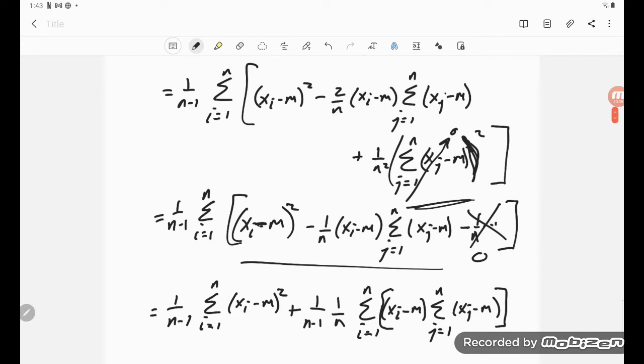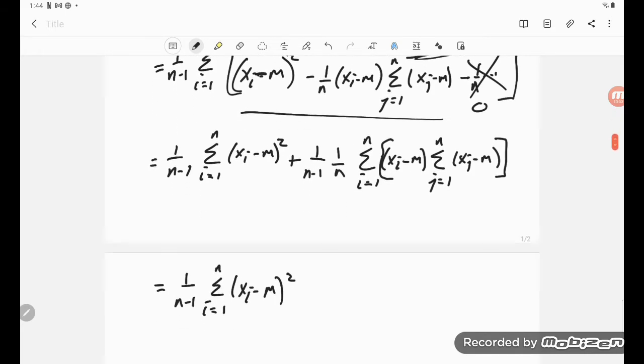The trouble I had in class was I knew that we had a 2 back here, and I didn't know what to do with it. But since these things are 0, I can get rid of any parts of them I want. So since I had 2, I'll get rid of one of them, but keep the other one to get the right form that I want.